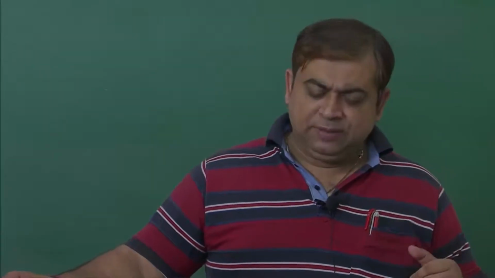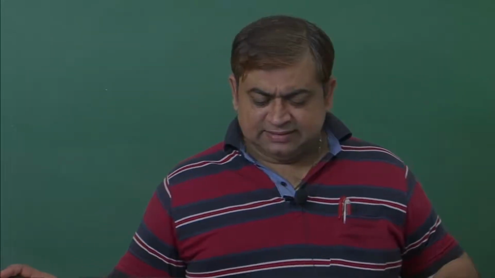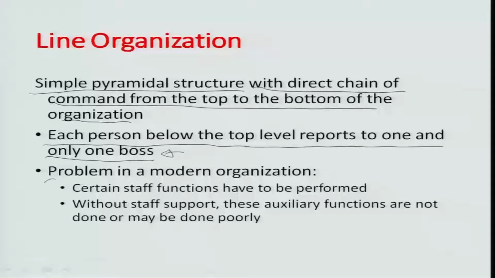So, this is a sort of a traditional approach in which information flow happens from top down, from bottom up in such cases. But then there are certain problems associated with this line based organization, and particularly modern organizations face all those problems because of some auxiliary services sometimes which are needed, which may not be able to qualify as a real line organization.